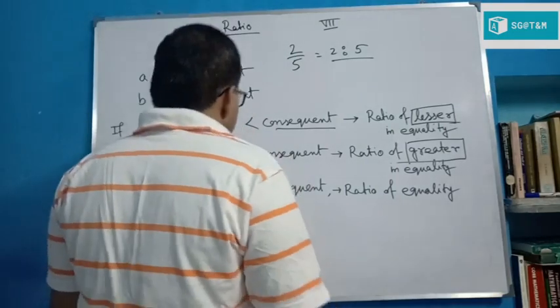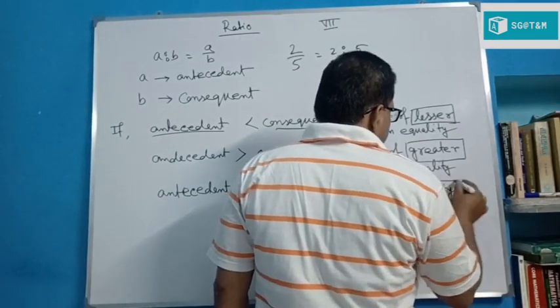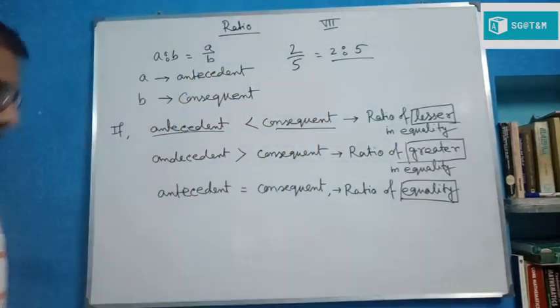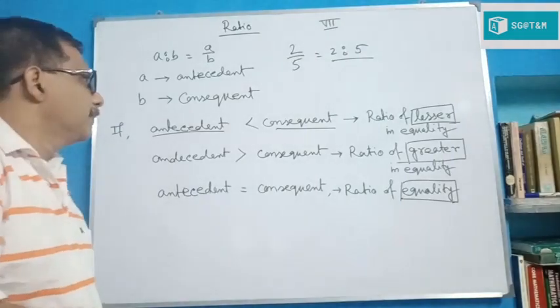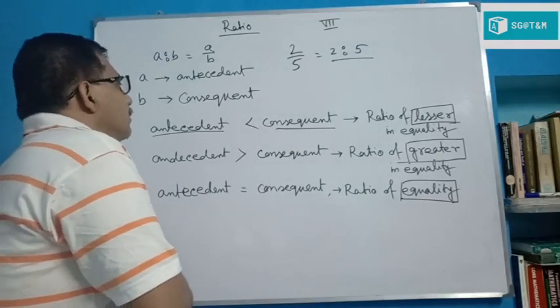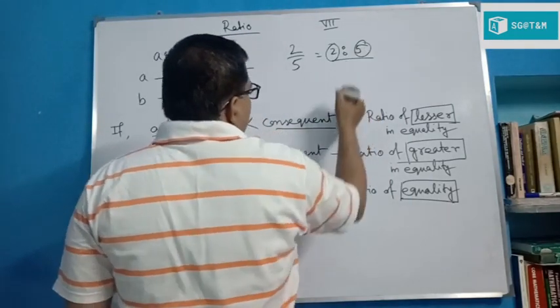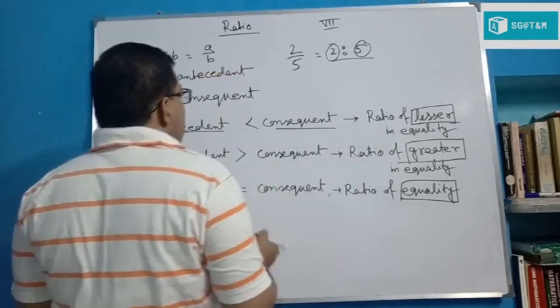And if the antecedent is equal to the consequent, it is a ratio of equality. Like 2:5, 2 is smaller than 5, so it is lesser inequality.